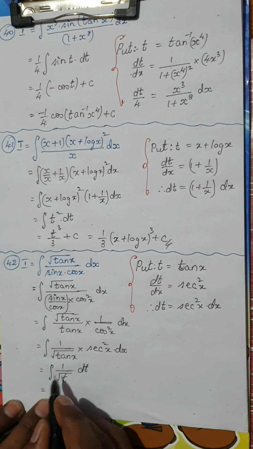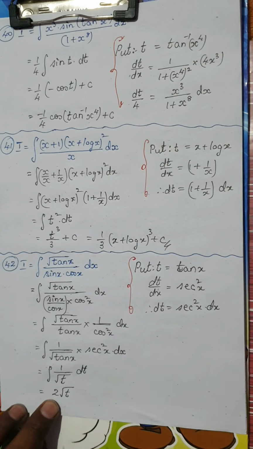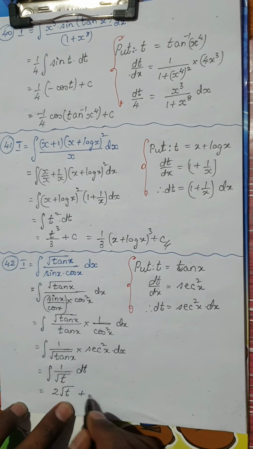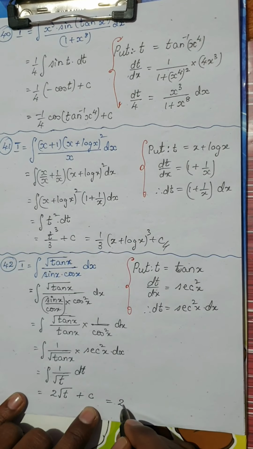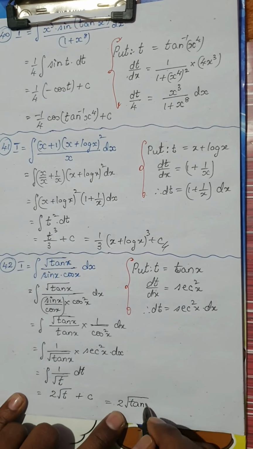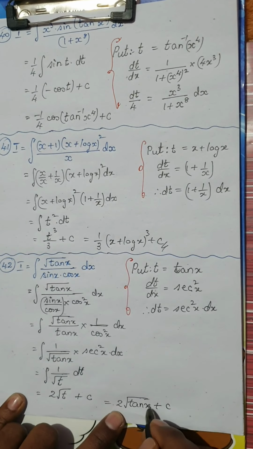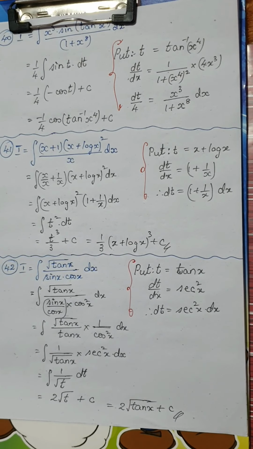Integral of 1 by root t dt is 2 root t, because the integral of 1 by root x dx is 2 root x. So it is 2 root t plus a constant of integration. So the final answer would be 2 times root of, what is t? t is tan x, plus c, the constant of integration, and hence the final result.